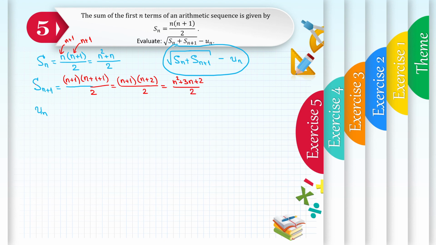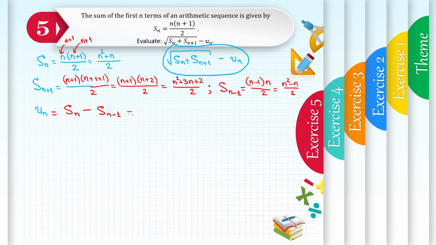Now, having S sub n plus 1 and having S sub n, we can find u sub n. u sub n, as you know, is the difference between S sub n and S sub n minus 1. So we have to do one more step to find S sub n minus 1. S sub n minus 1 will give us n minus 1 multiplied by n over 2, which if we expand is n squared minus n over 2.